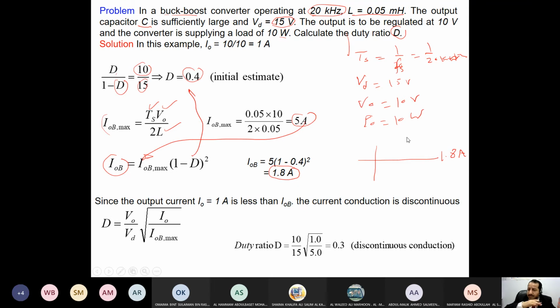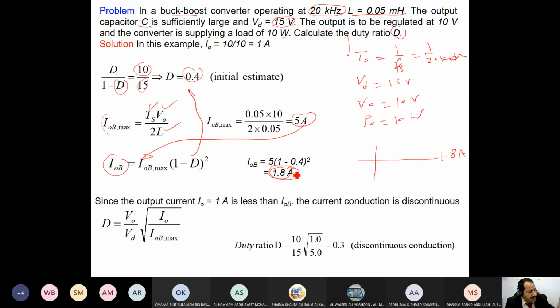It is the barrier or junction between the continuous conduction mode and the discontinuous conduction mode, which means if my current is higher than the boundary current, we have continuous conduction mode. If it is lower than the boundary current, we have discontinuous conduction mode. Now I got 1.8.